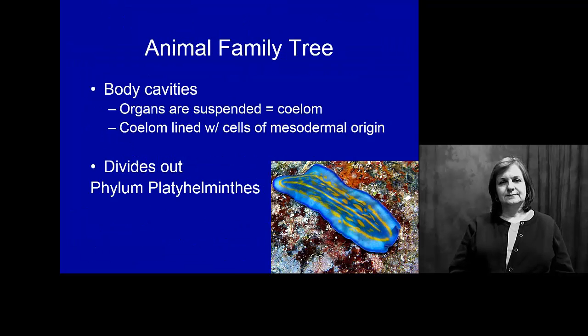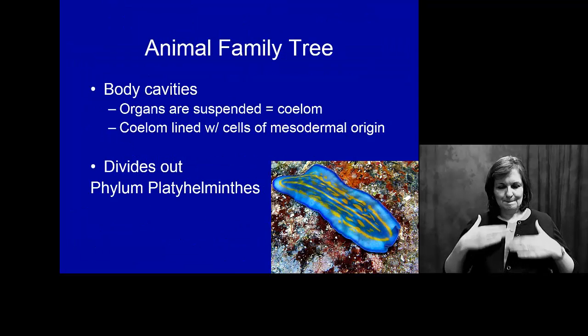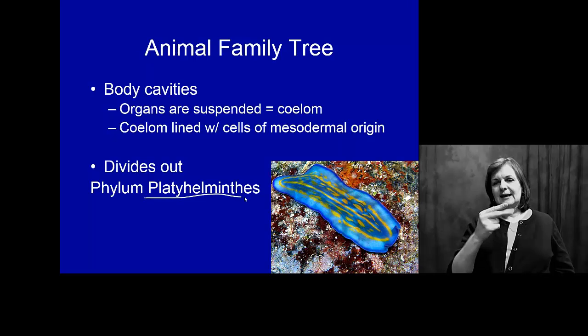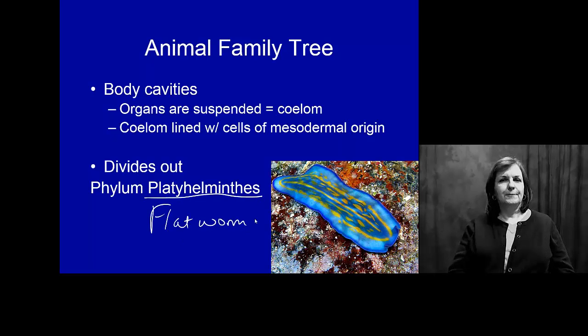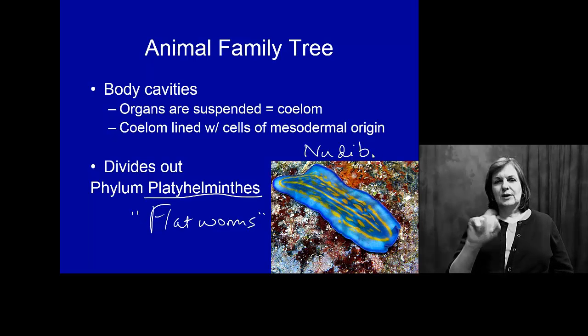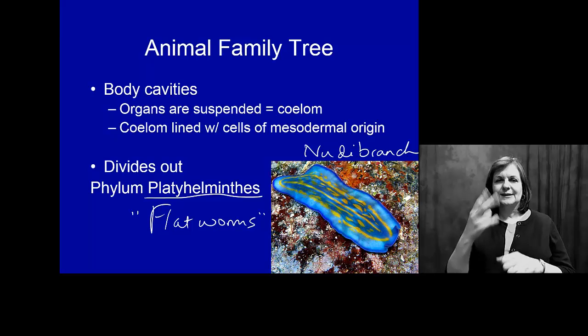So when we look at these body cavity divisions, we actually start to divide out more of our phyla. This is a funny word for you. Platyhelminthes refers to our flatworms. So when we look at our flatworms, this is a beautiful one known as a nudibranch. Very common in the oceans.